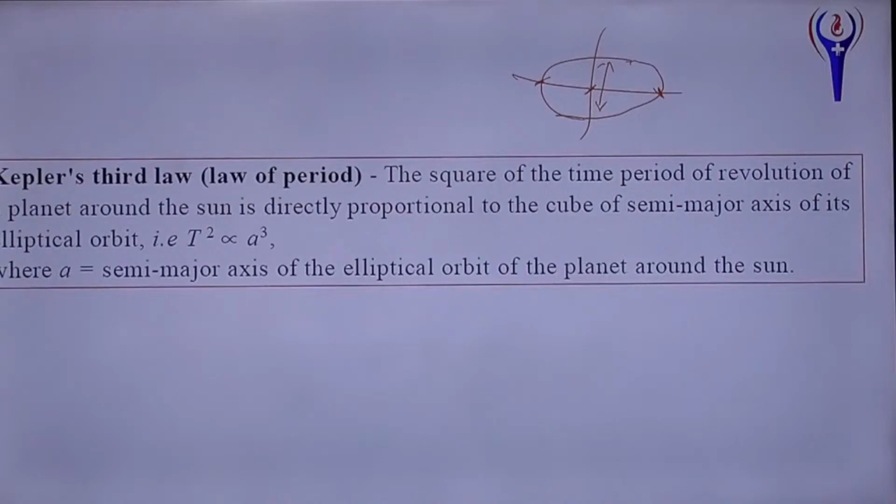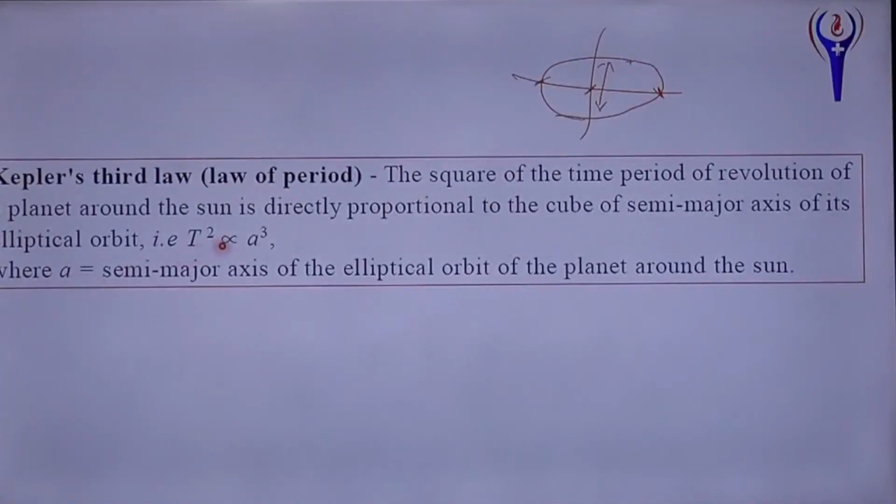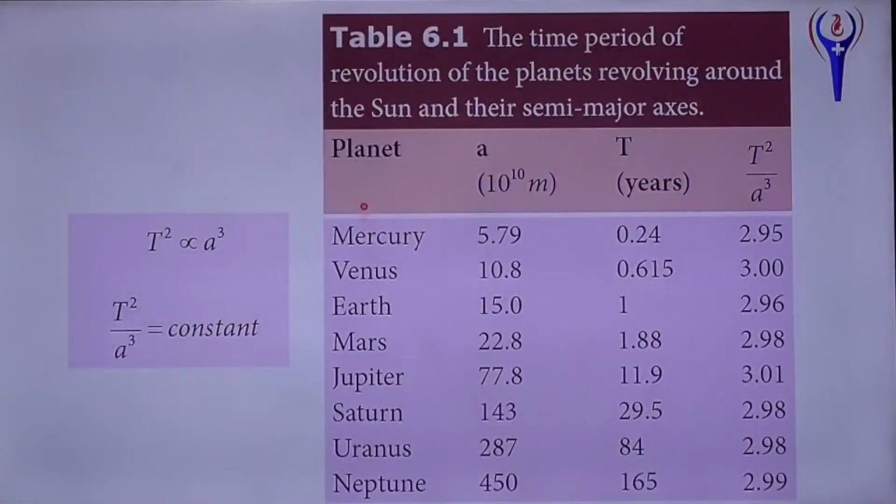That is the semi-major axis. Where a is the semi-major axis of the elliptical orbit of the planet around the sun. Out of these three, only here we will use problems. T square is proportional to a cube or r cube, or T square by a cube is constant for all the planets.